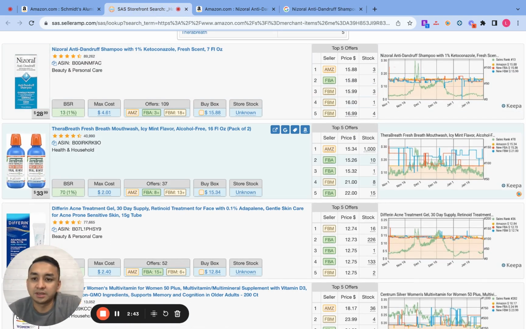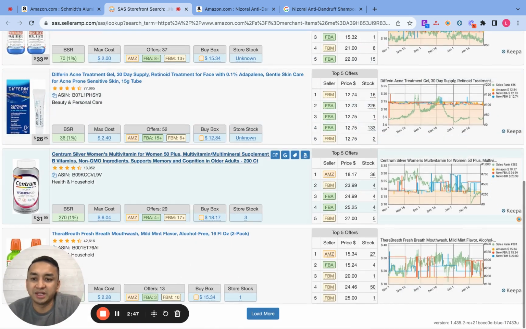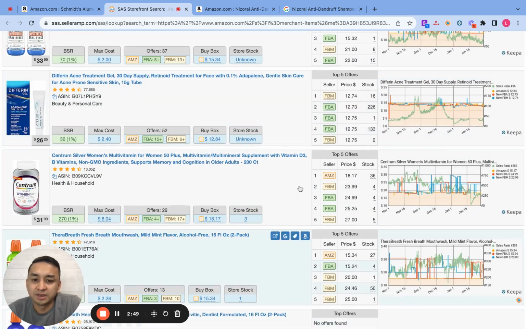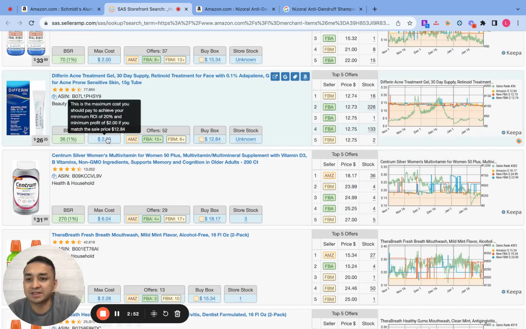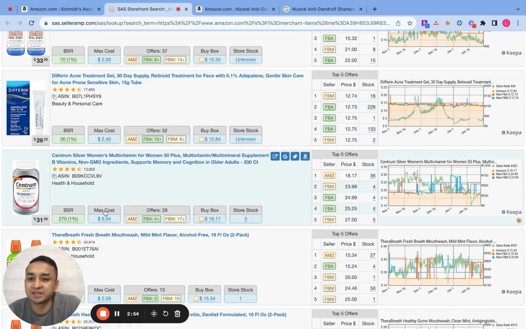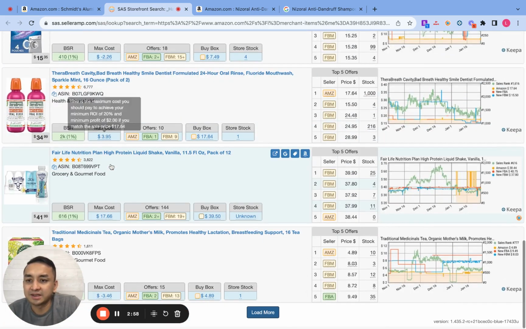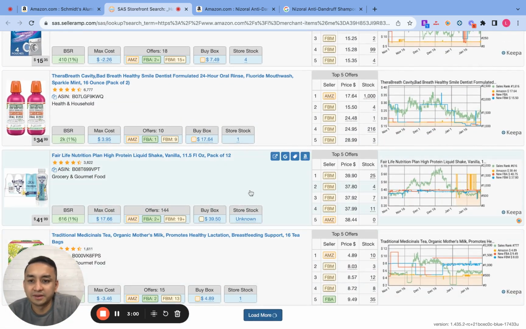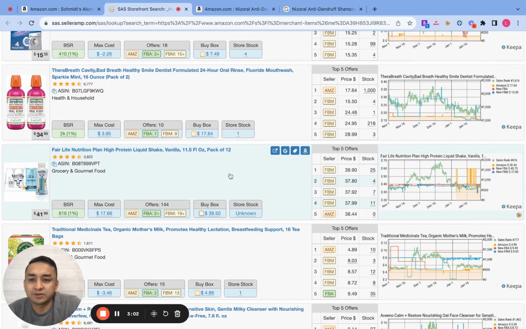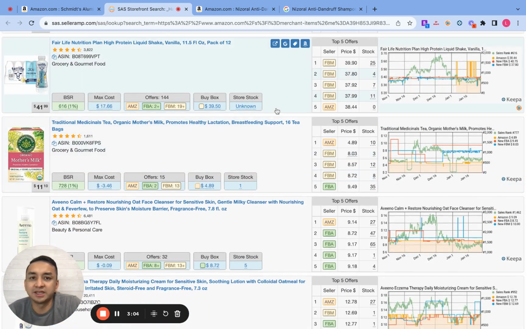Let's see, max cost, okay. To keep it easier too, I would pick products with a max cost of at least maybe $10, to make it easy. So this one's max cost is 17.